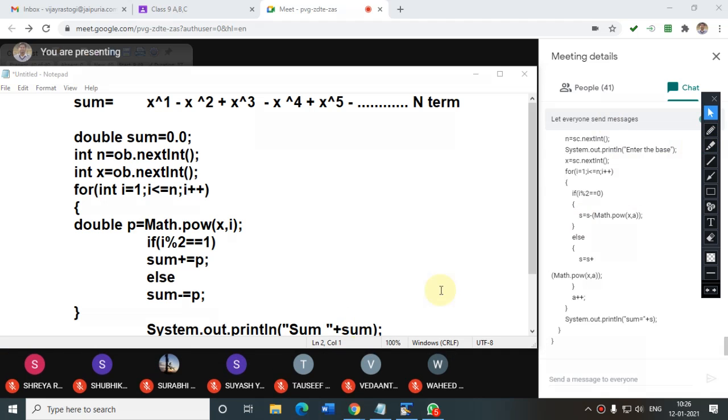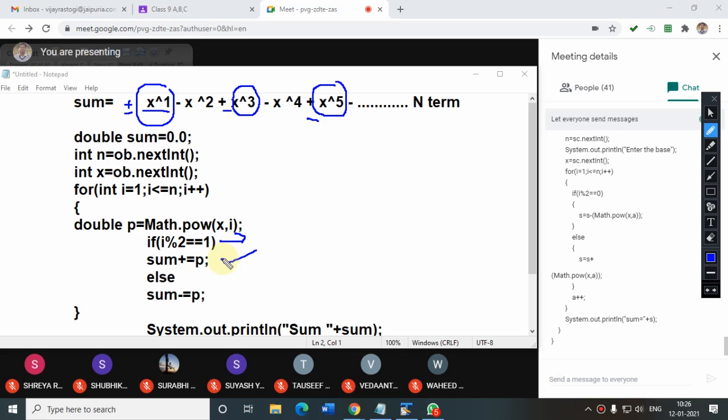Yes, sir, no doubt. See, again I am repeating: the first term is positive. If I mod 2 equals 1, the first term 1, 3 and 5, so if the number of terms is odd, then we are adding, because the plus sign is already there. If there is no sign, everybody knows that's a positive symbol.